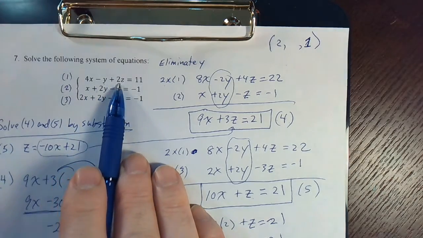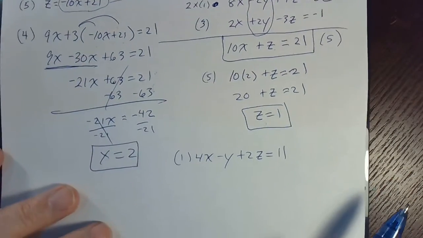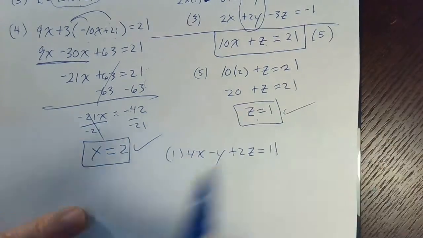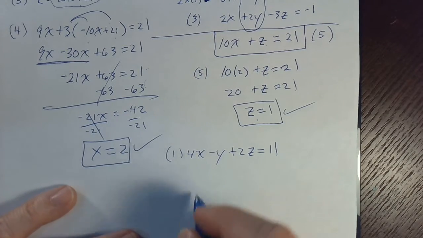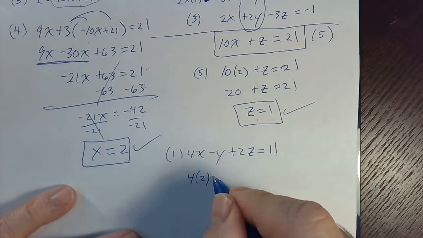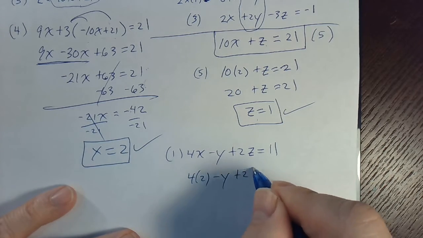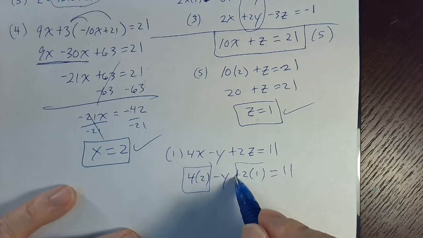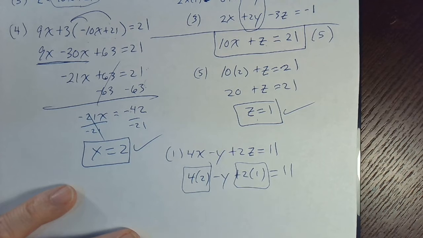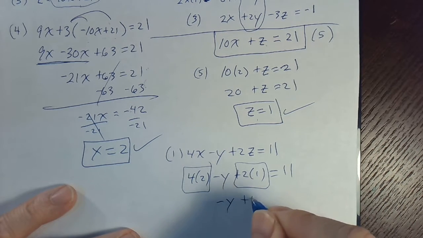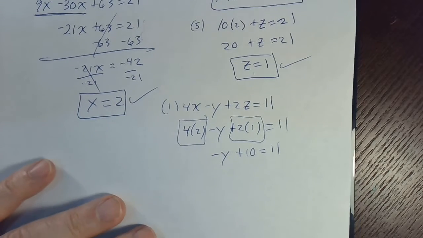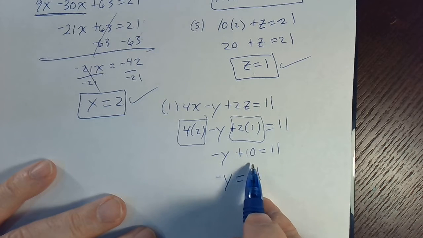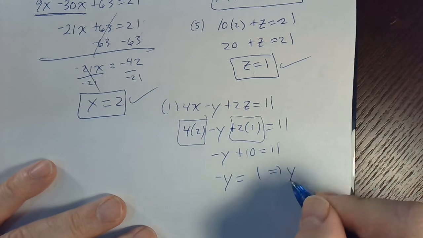Let's plug in the known values of x and z, right here and here, and find out what y is. 4 times 2 minus y plus 2 times z, which is 1, equals 11. So this number and this number add up to 8 and 2, 10. Negative y plus 10 equals 11. Negative y equals 1, subtracting 10 from both sides. So that means y is a negative 1.